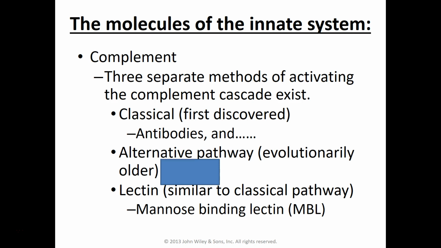So evolutionarily, probably much older, and probably happening first, is the alternative pathway, in which a complement protein has to bind to start this. C3b. That's a very important complement protein. And then, similar to what happens in the classical pathway, lectin binding, mannose binding lectin, is another way this cascade will start.